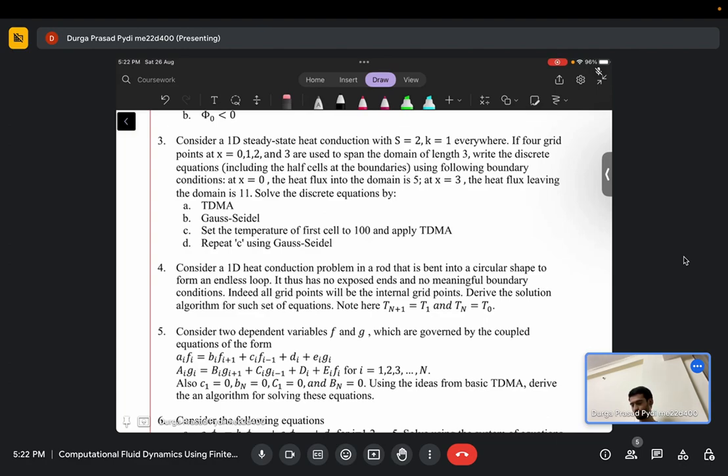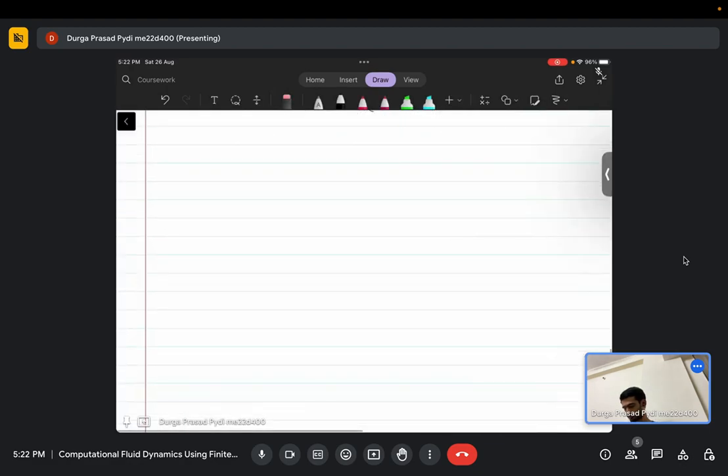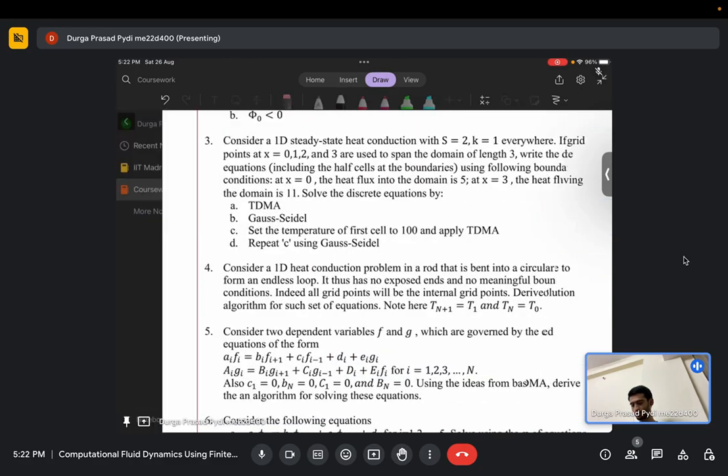So the equation is d/dx of k dT/dx, where k is given as 1, and the source is given as 2, equal to 0. For the boundary conditions, there is a flux at x equal to 0: the heat flux into the domain is 5.